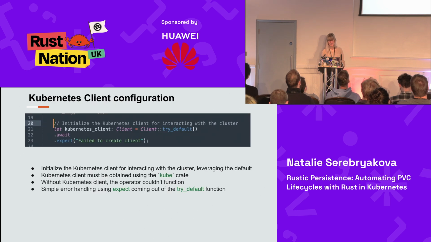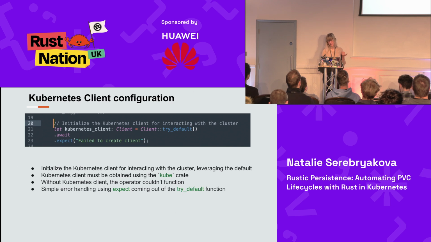So within my controller, within my main function, I would easily create the client and, to use the API, initialize the client, obviously with the kube crate. There is no need to cover how to do it any other way.